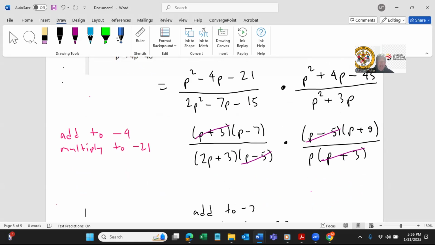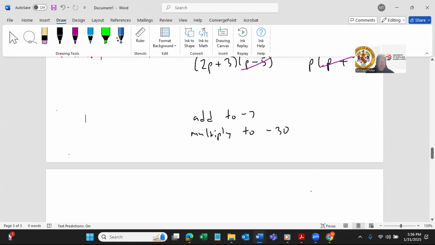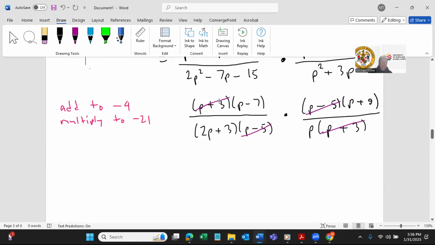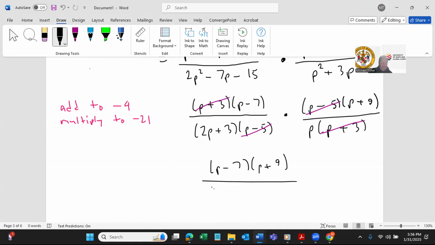And now we'll have to multiply it all up and get the answer. So we have p minus 7 times p plus 9 all over 2p plus 3 times p. Now let's multiply all these things together.